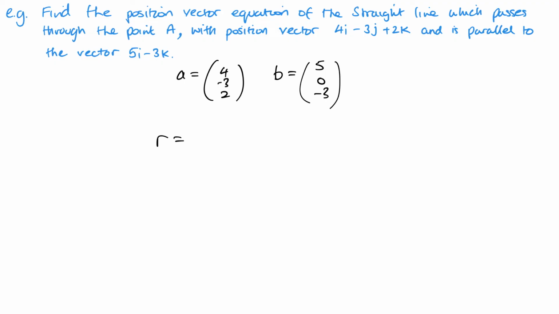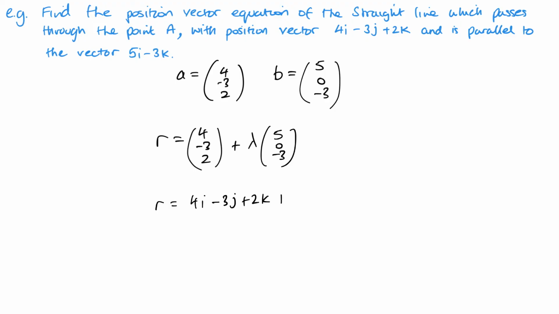So our equation, which is R equals, is going to be A plus lambda B. An alternative way of writing this would be R equals 4i minus 3j plus 2k plus lambda times 5i minus 3k.